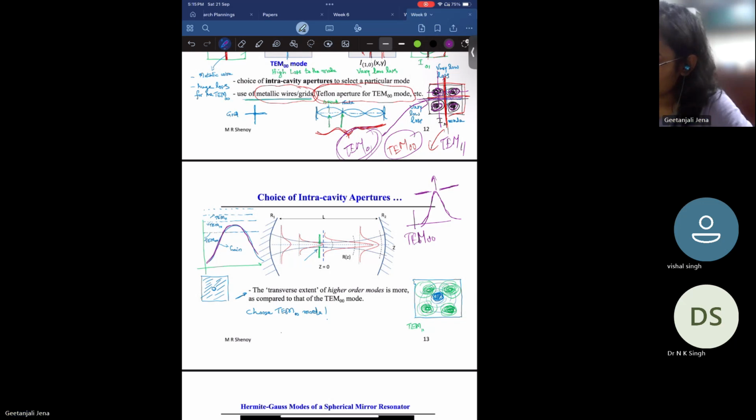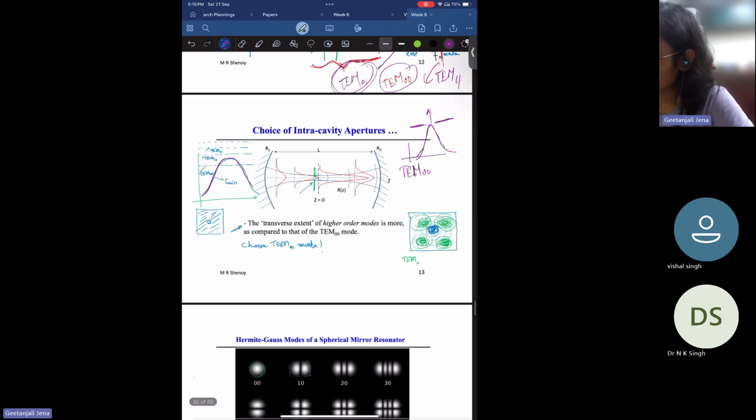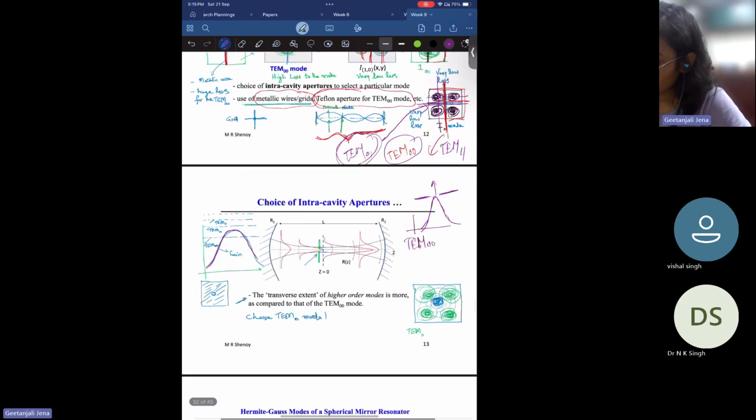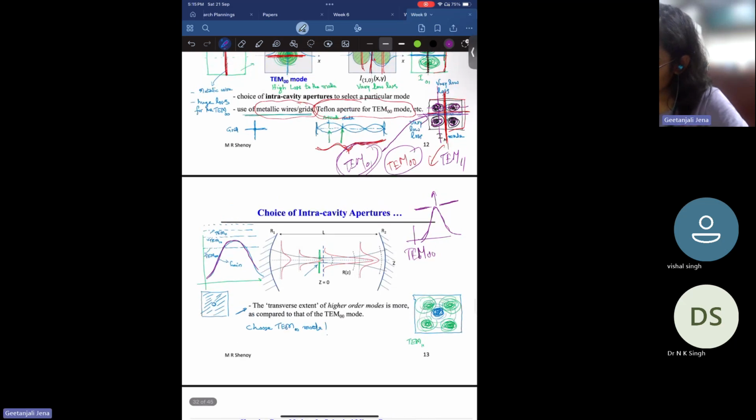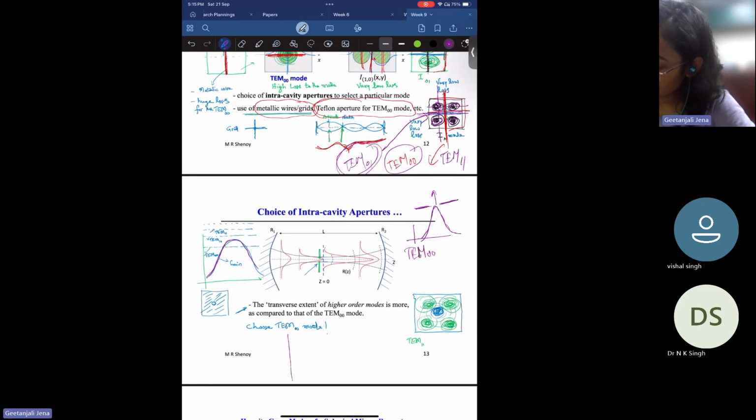Let me show a graph here. So this is TM00, this is TM01. Because of the phase break, it's not possible to draw in one, so let me draw anywhere. Let us take two graphs.